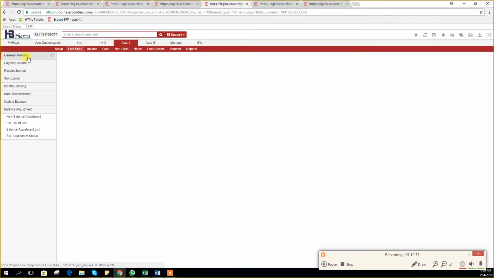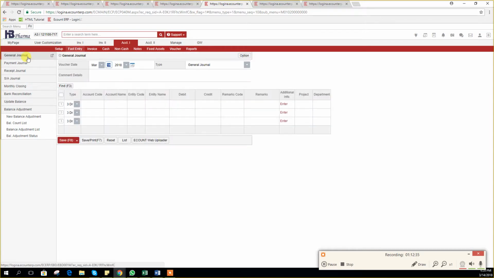When do you use this? This general journal has nothing to do with cash. For example, you buy land, and then three years from now your land has increased in value. There is no cash, but your land increased in value. What to do? You go to the general journal for this, because it has nothing to do with cash.